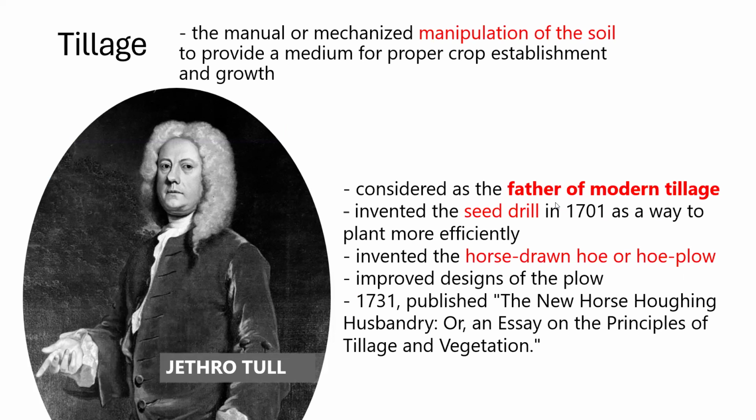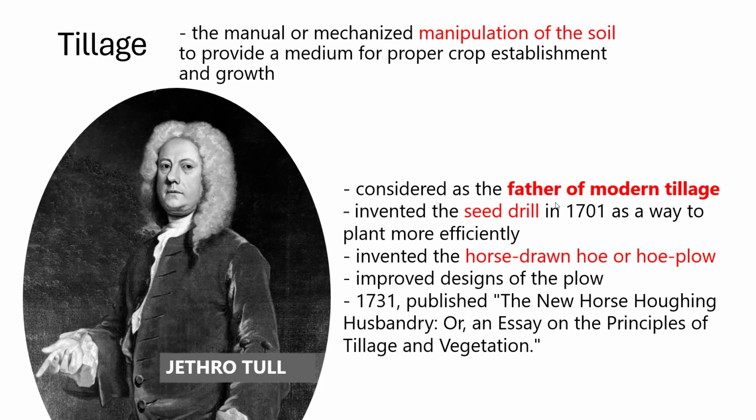Bakit siya consider bilang father of modern tillage? It is because of his contributions, mainly his invention of the seed drill in 1701 as a way to plant more efficiently. He also invented the horse-drawn hoe, or hoe plow, and he improved the designs of the plow.